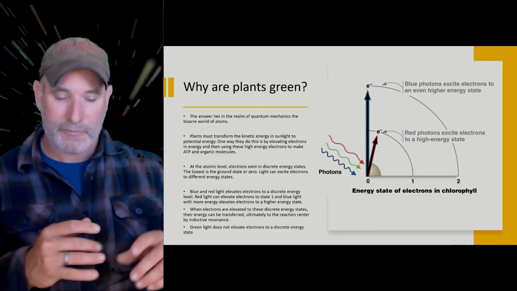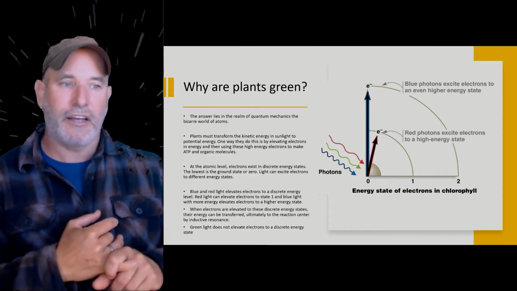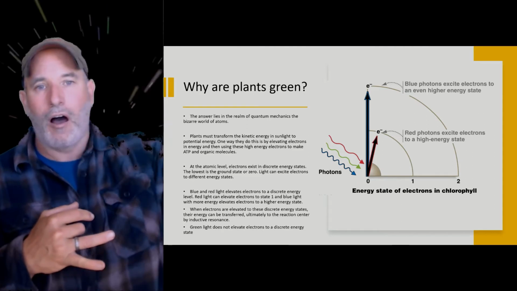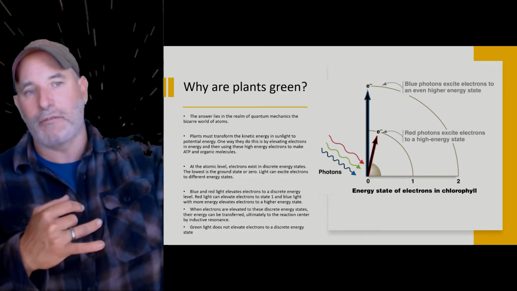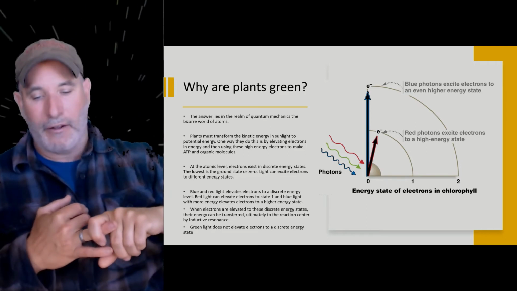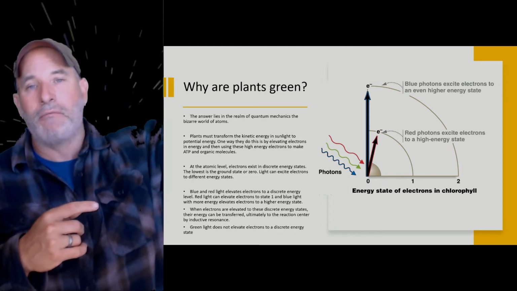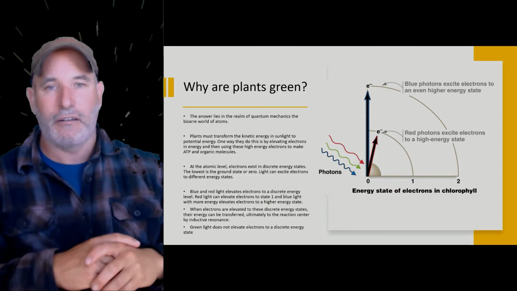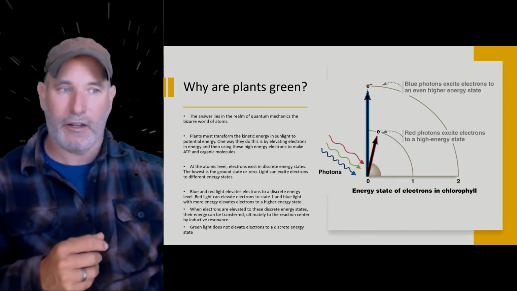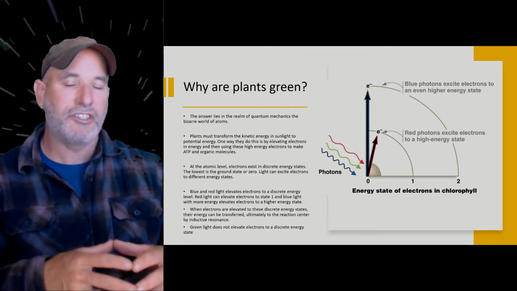So here's what happens. Red light has enough energy to excite an electron from its ground state up an orbital, or up an energy level, to level 1. Blue and violet light have enough energy to pop it up even more to a second energy state. Green light, on the other hand, cannot excite an electron to a discrete energy state.